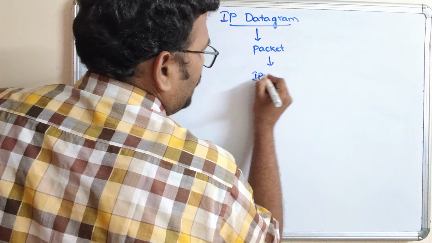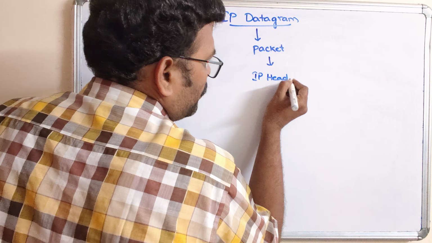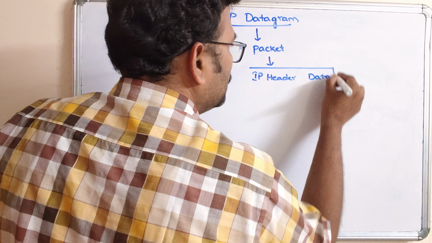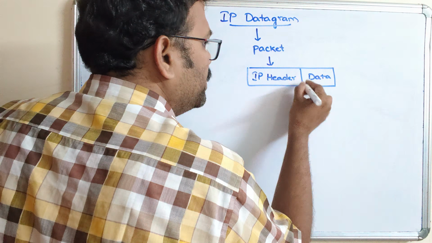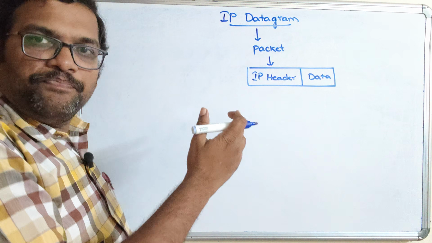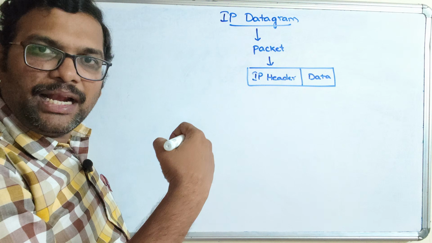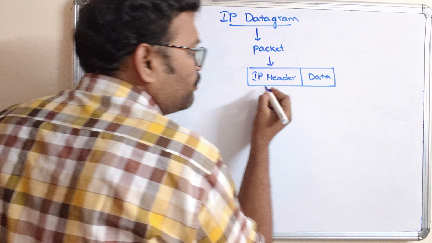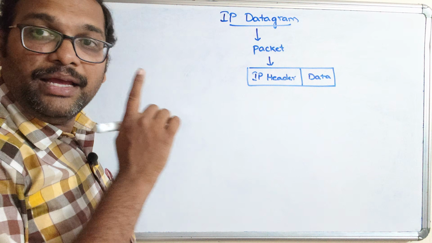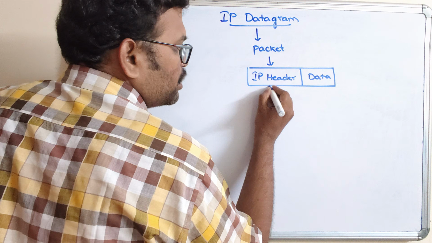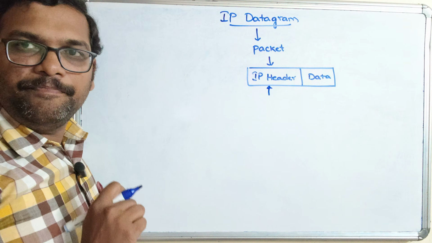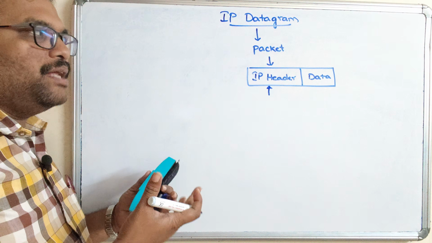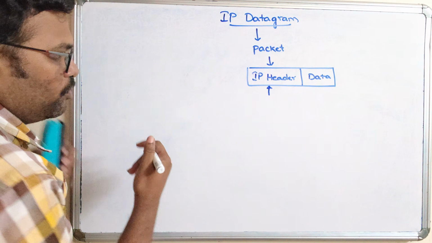So this packet will be having two fields, and the data comes from the higher layer and goes to the lower layer. To that particular data we need to add this IP header. So we will be focusing on this particular IP header. Now, what are the different fields that are available in this IP header?